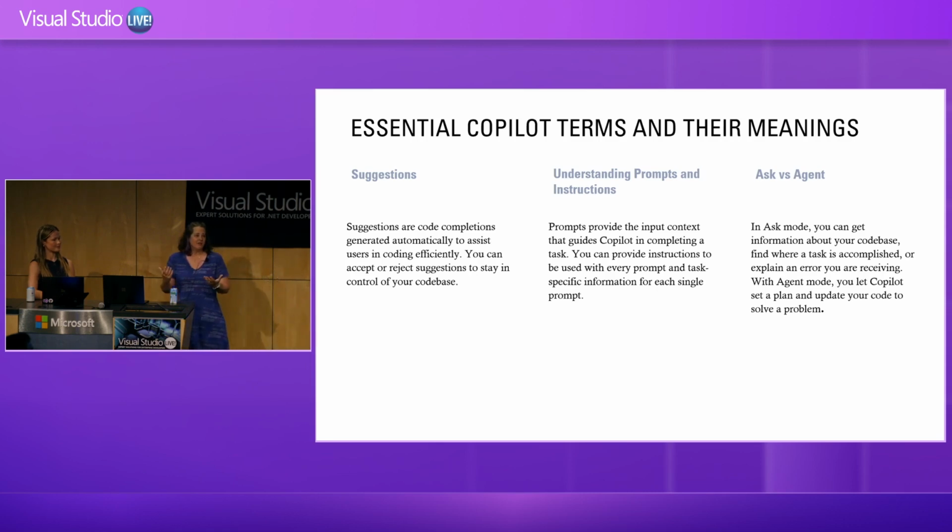And when we talk about the Copilot chat, there are two different modes right now in Visual Studio. There's Ask mode and there's Agent mode. There was a recent blog post about this, but the basic thing around Ask mode is that it provides you the ability to ask it questions and get back answers, but it's not going to update your code for you.